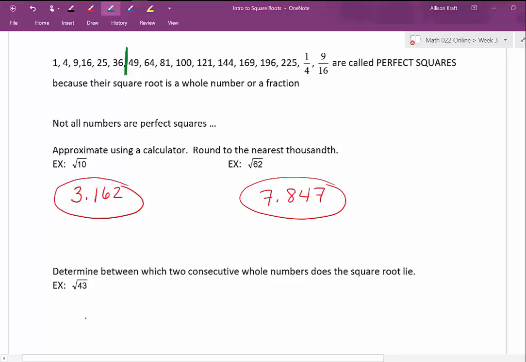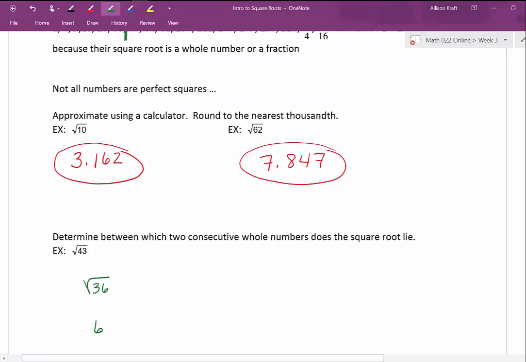Well, I know that the square root of 36 is 6, and I know that the square root of 49 is 7. The square root of 43 is somewhere between the square root of 36 and the square root of 49. Therefore, when I actually take the square root of 43, it should be somewhere in between these two numbers.